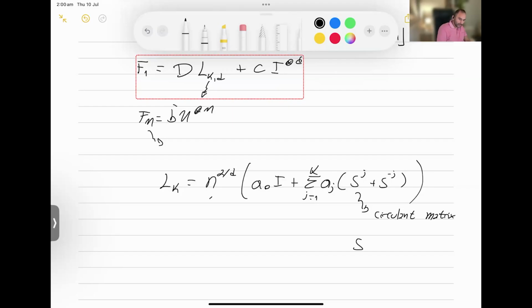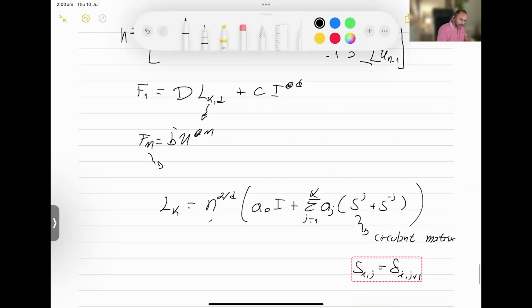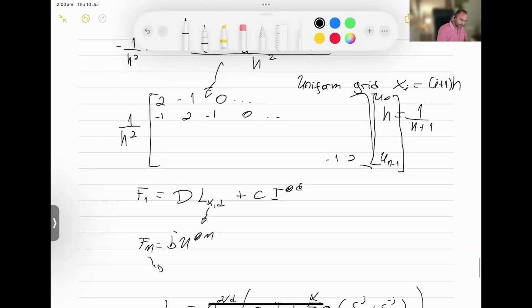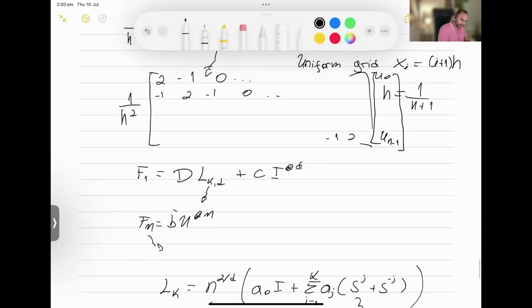And this is how we write the components of the circulant matrix, which is quite simple in terms of the Kronecker delta. J plus 1 is pretty much just a shift of the diagonal. So for example, for K1, which is the case that I wrote here, the -1 comes from this part here.